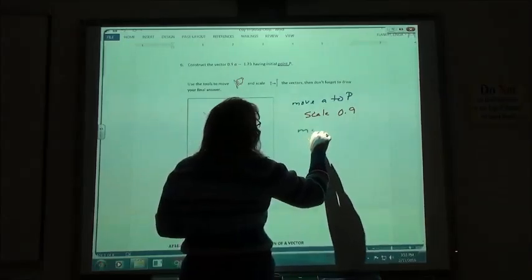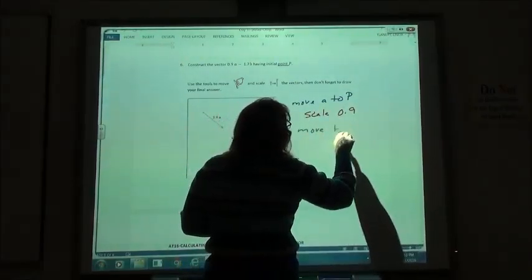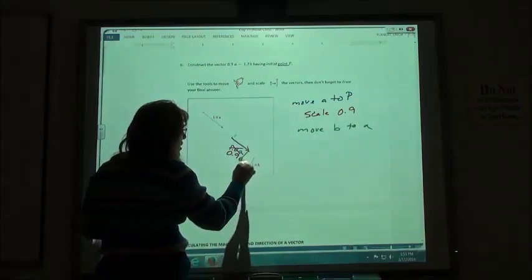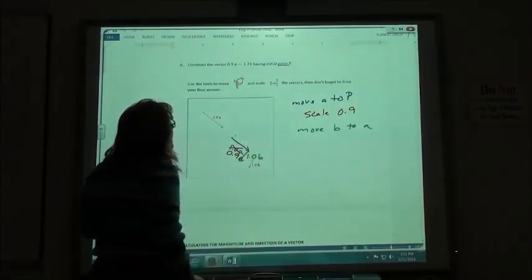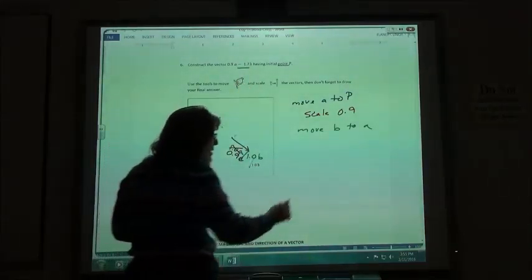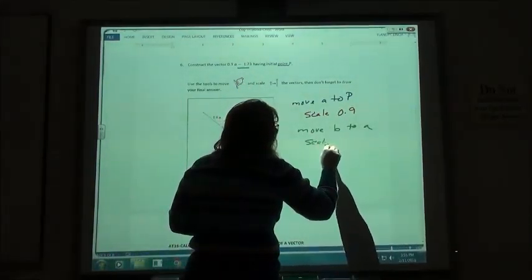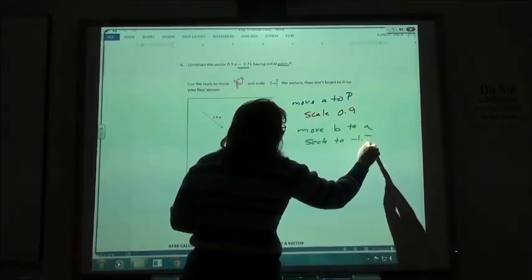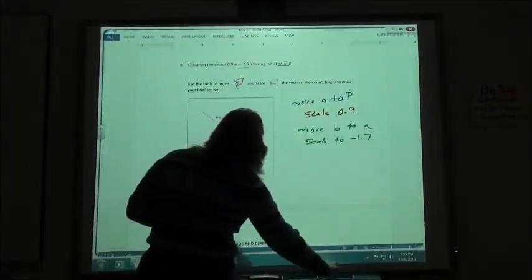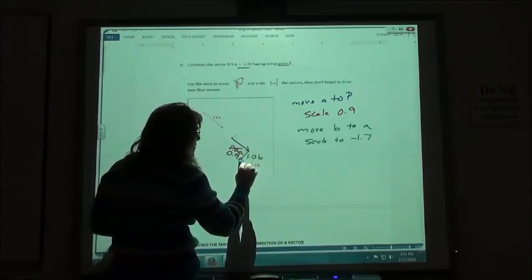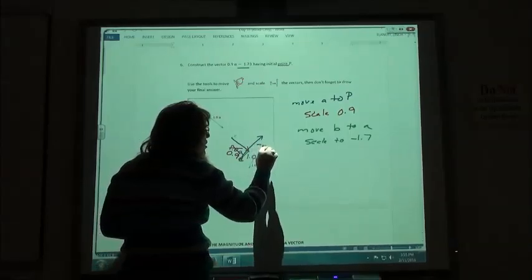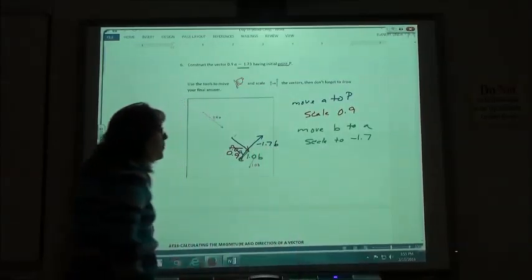Then we are going to move B to A. B is going this direction, 1.0B. But I'm going to scale it to negative 1.7. So again, I'm just going to push that backwards. And instead of pointing this direction, it's going to end up going in the opposite direction until you get negative 1.7B.